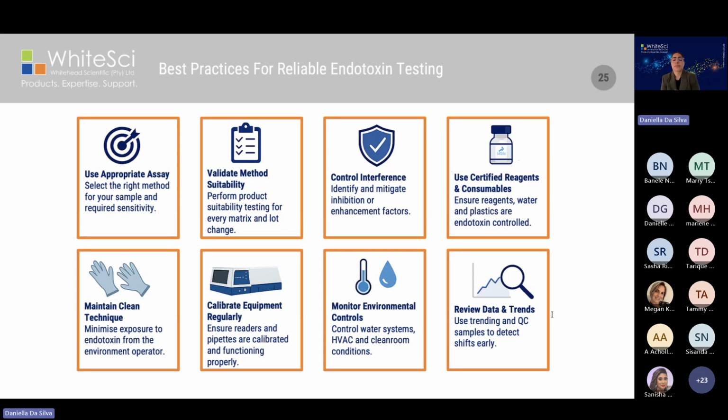Attention to detail is particularly important. Small inconsistencies that seem insignificant on their own can accumulate and ultimately affect assay performance. One principle I often share with laboratories is that reproducibility is usually a reflection of process control. The more standardized and controlled the workflow becomes, the easier it is to generate reliable and reproducible results over time.